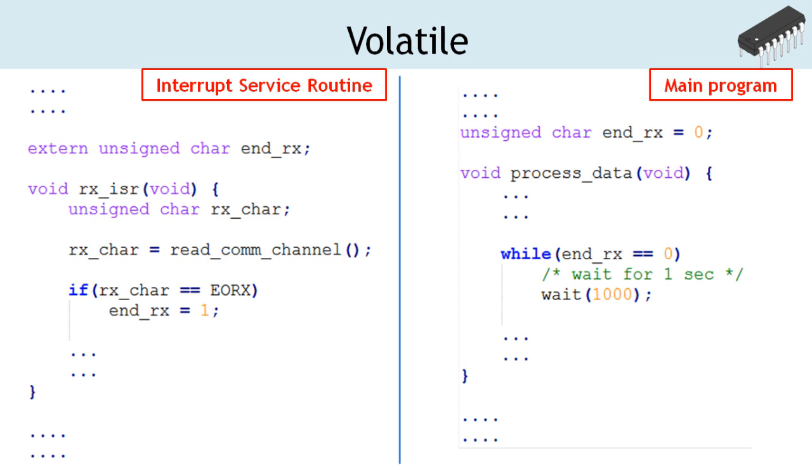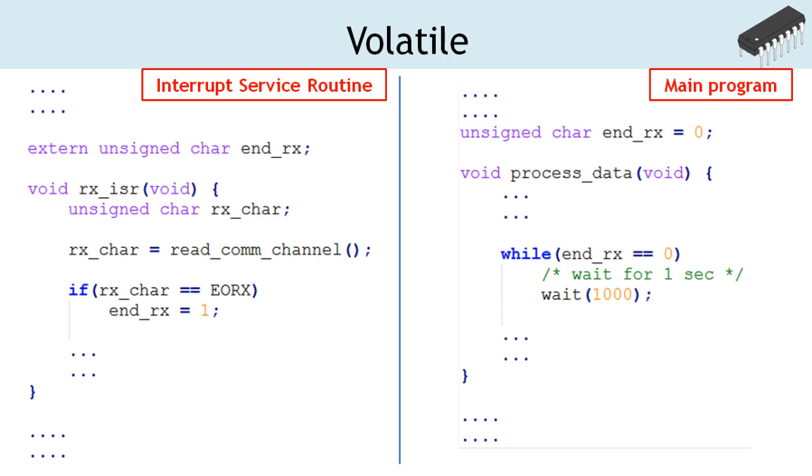The partial code snippet shown implements a communication mechanism. The data received is read by an interrupt service routine rx_isr, and the function process_data implemented in the main program processes the data received. The end of data transmission is marked by the special character EORX.